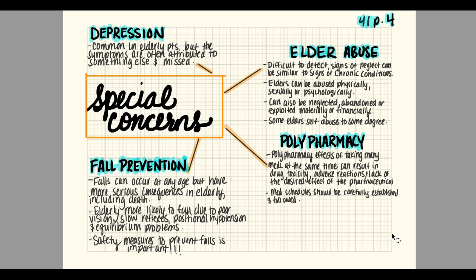It can cause all these adverse reactions, and it can actually counteract the desired effect of the medications that were taken. So it's important that medication schedules are carefully established and followed, so that they only take medications that will work well together and not create toxicity or cancel one another out. So that's important to educate them on.